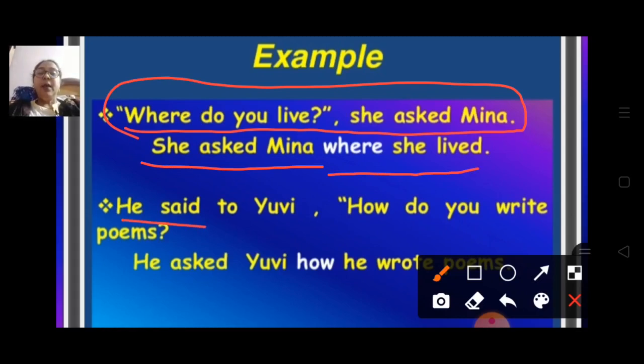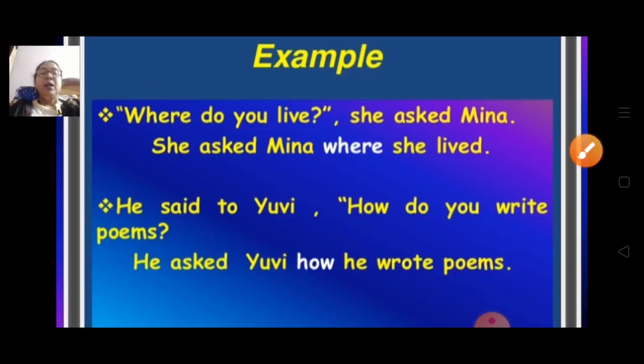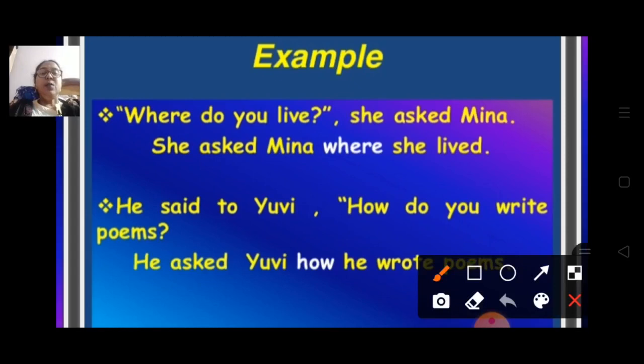Now again you can see a new example. He said to UV, how do you write poems? Now here you can see that he asked UV how he wrote poems. Now here you can see the difference.